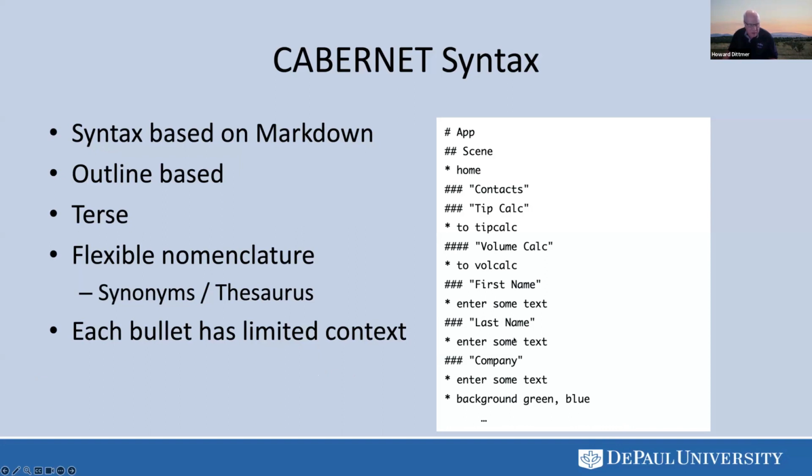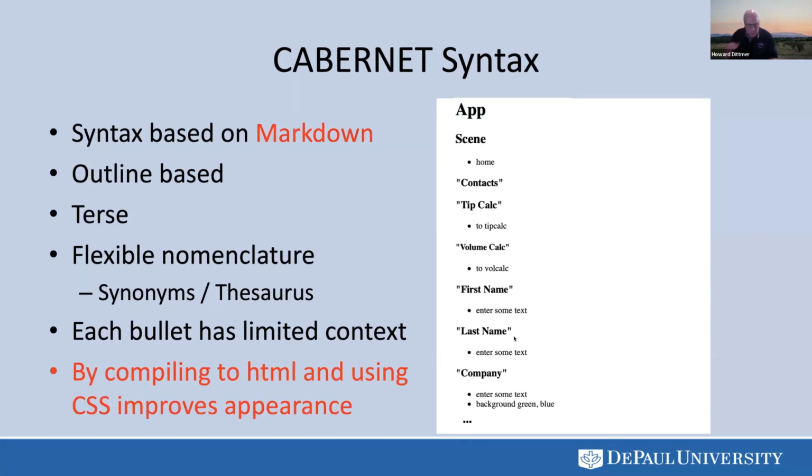The initial approach was applied to iOS-based applications, and so we've narrowed the context that we're trying to address, and so you can make assumptions based on that. And because it's based on Markdown, and Markdown is intended to be used to generate HTML, we can compile the Markdown to HTML and then use cascading style sheets to improve the readability.